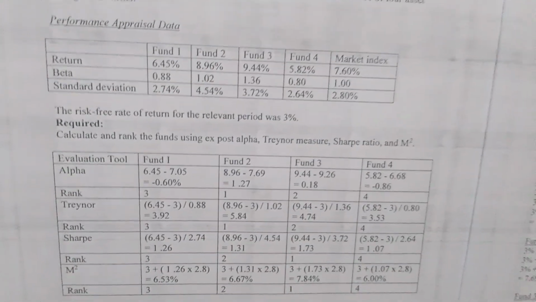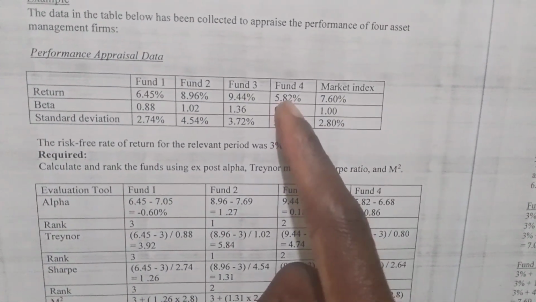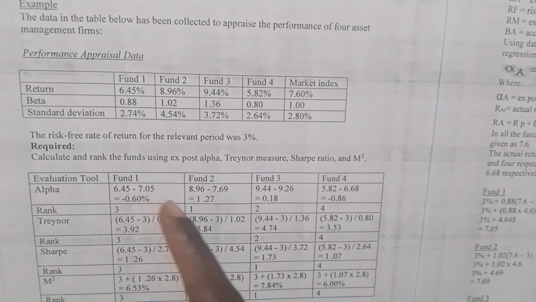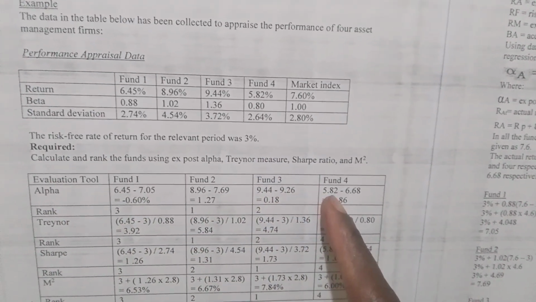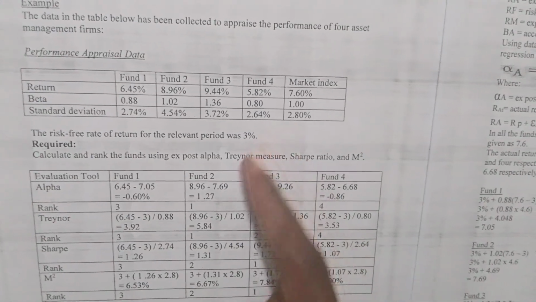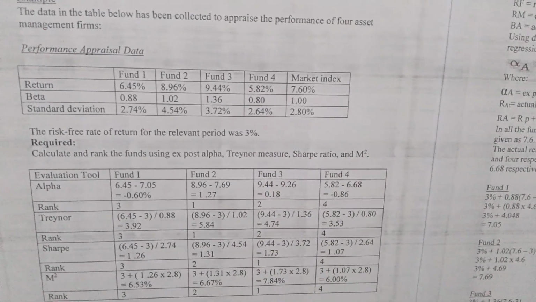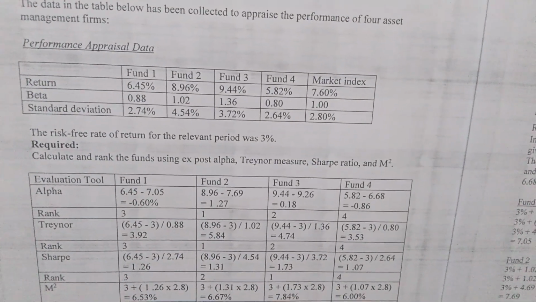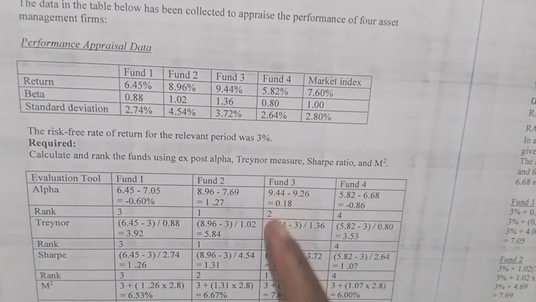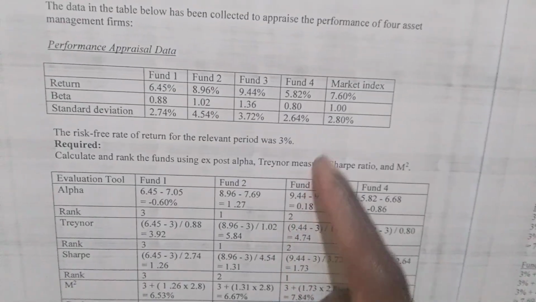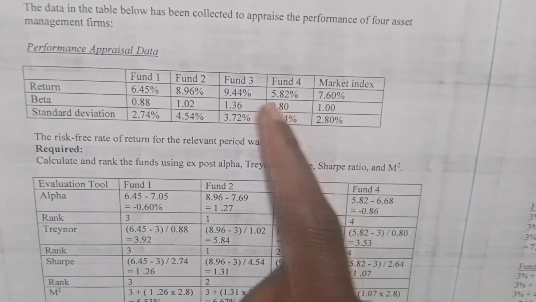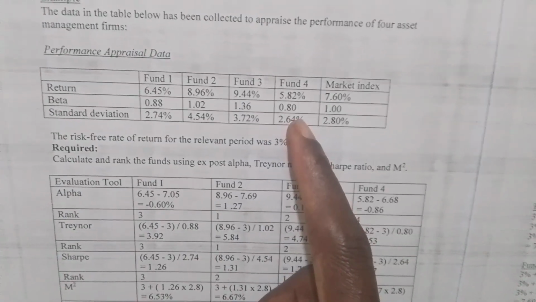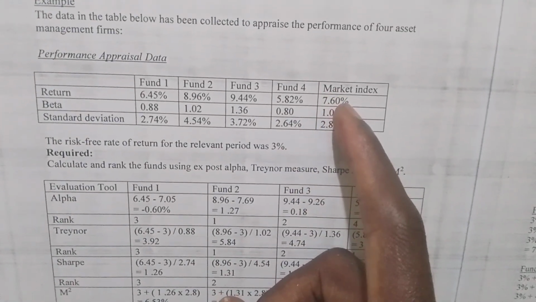Fund 4 will take 5.82. Remember, we are calculating the alpha for each fund. We follow the same concept. We take 3%, which is the risk-free rate, plus the beta factor, which is 0.80, into brackets 7.6.